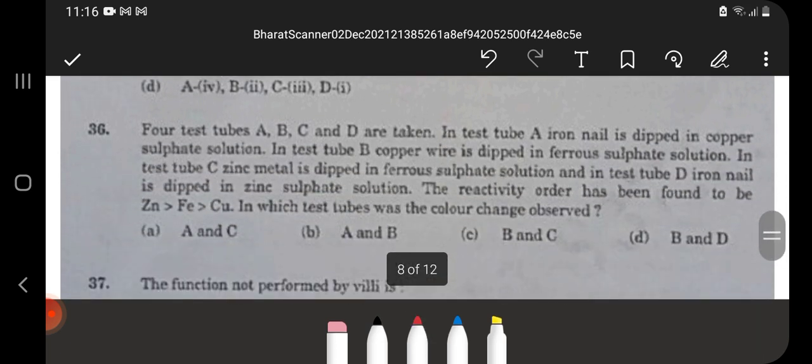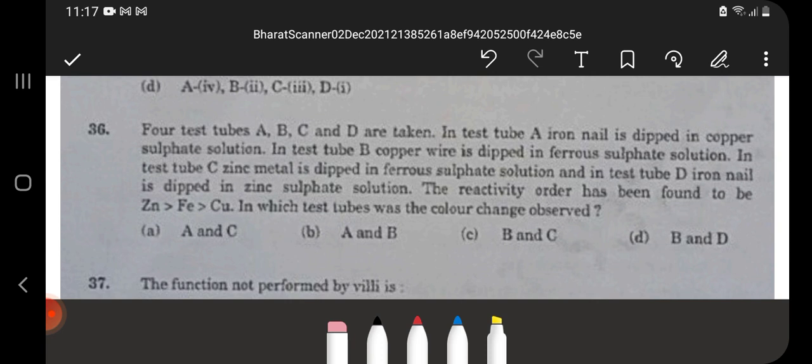36. Four test tubes A, B, C and D are taken. In test tube A, iron nail is dipped in copper sulfate solution. In test tube B, copper wire is dipped in ferrous sulfate solution. In test tube C, zinc metal is dipped in ferrous sulfate solution. And in test tube D, iron nail is dipped in zinc sulfate solution.